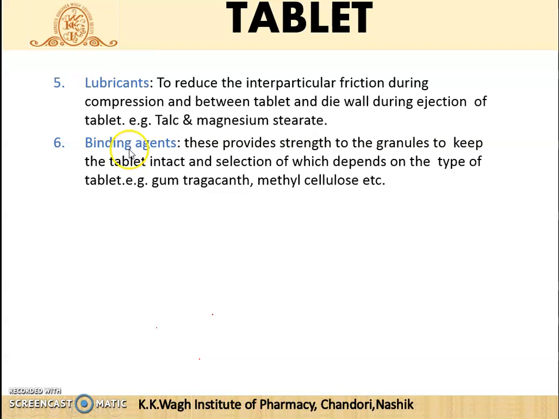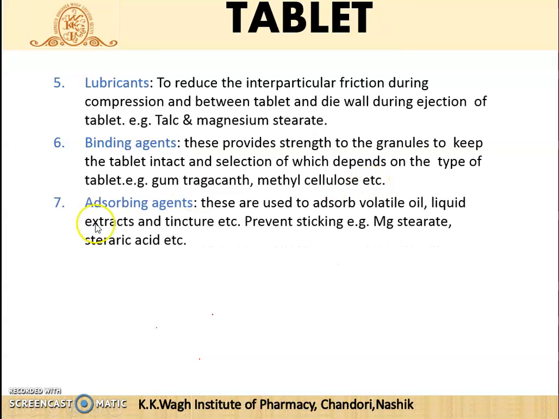Then the next excipient is binding agent. These provide strength to the granules to keep the tablet intact. To keep the tablet intact, we add the binding agent. Examples of it are gum tragacanth, methyl cellulose. Then next is the adsorbing agent. These are used to absorb the volatile oil, liquid extracts and tinctures.